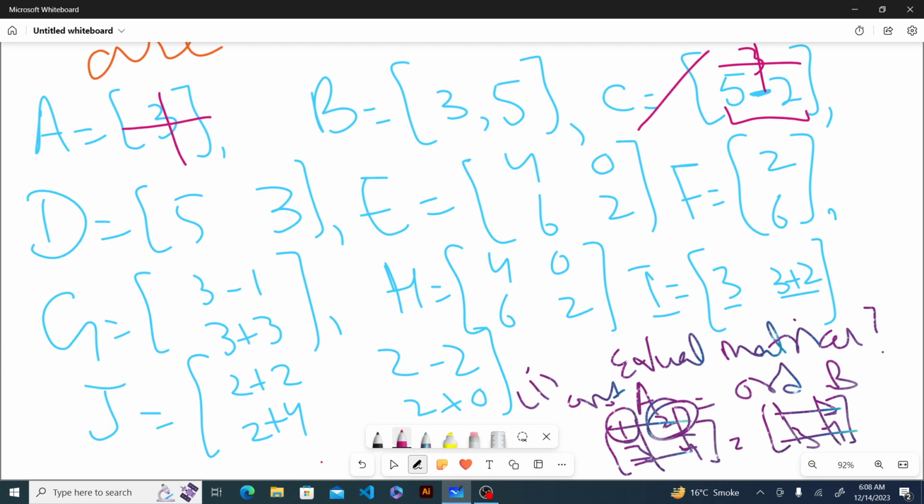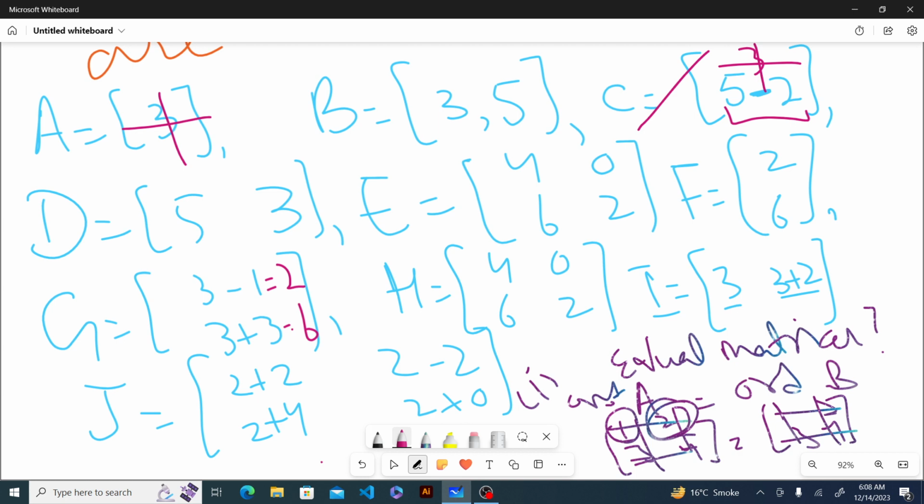Here you have to be very careful in finding D. D has one row, so it is not the same as the matrices with two rows. Then F, no, obviously not.